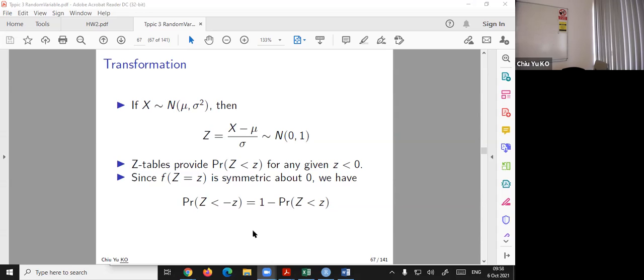The second thing is that the table can be simplified even further by the fact that the bell is symmetric. That's why, if I look at the table in most books, they will only give you the negative values. Remember, this is F of z, the probability of being less than z.